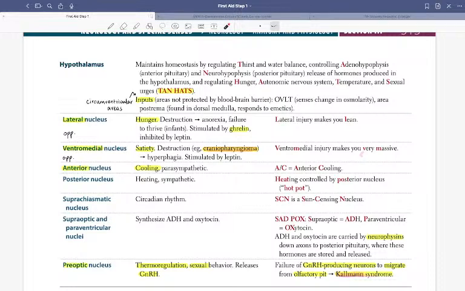When we open the fridge, on the lateral side of the fridge there's no food. We keep all the water there, right? So that's why lateral is hunger.